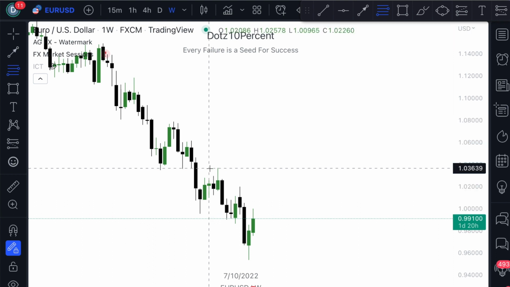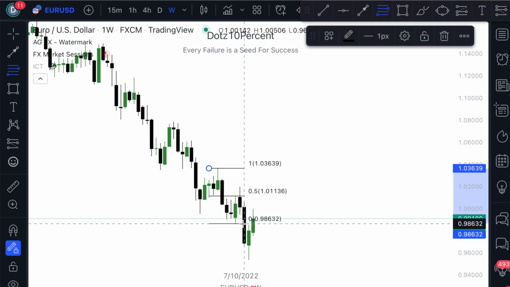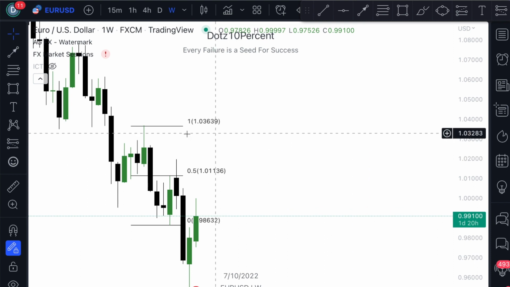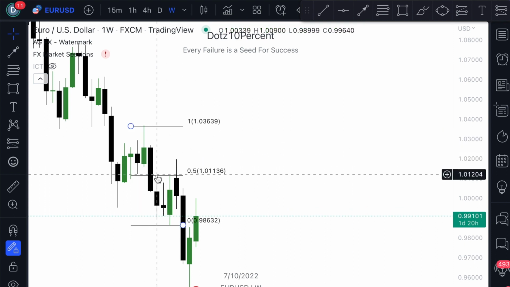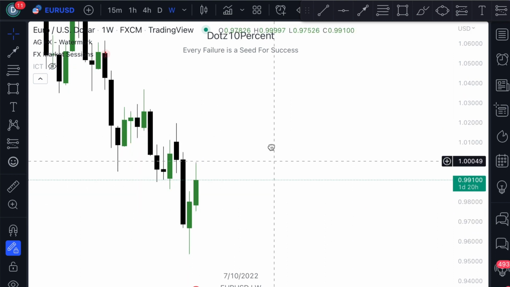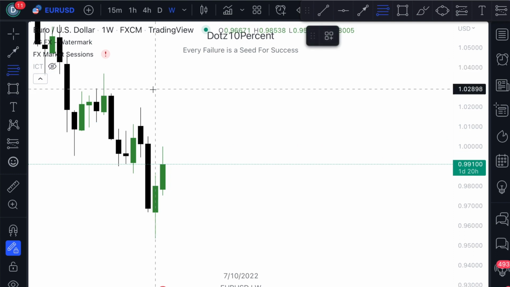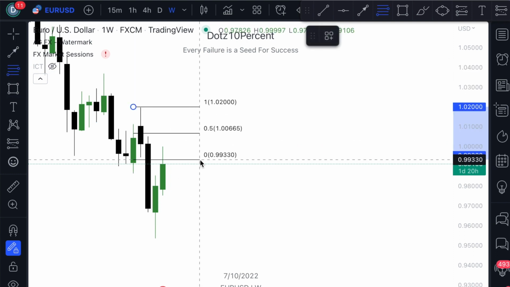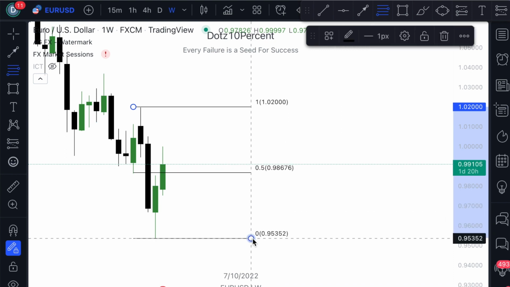Then we had a range from here to there, a bit smaller this time. As you can see, price pushed into the premium, this weekly order block. And then we have what we can call our current local weekly range.